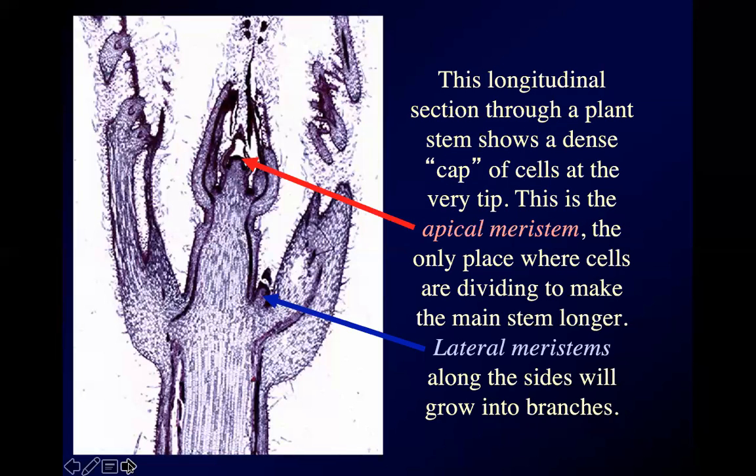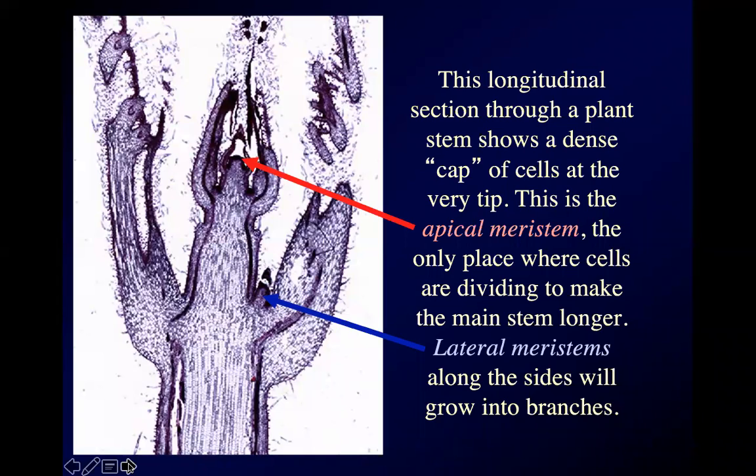The only places where a tree is actively growing and adding new wood are, first of all, at the tips of the branches, these buds. And also tree branches can grow thicker because there's cell growth going on in a ring around the branch that can add new layers of wood, but trees can't grow from the base.